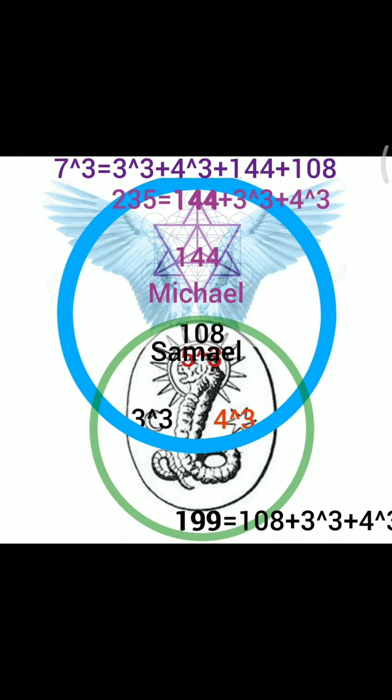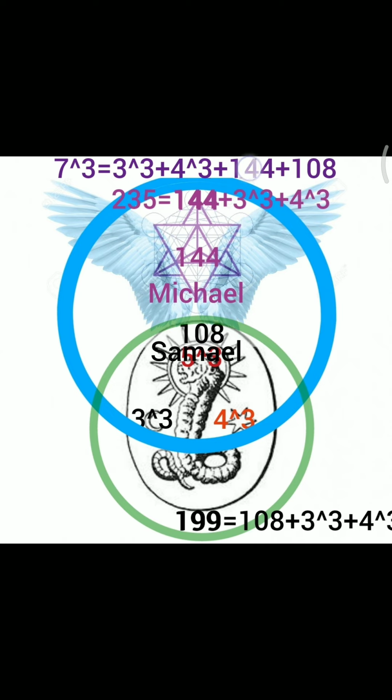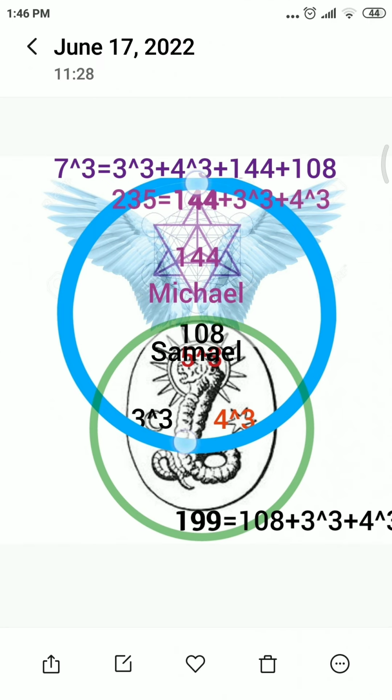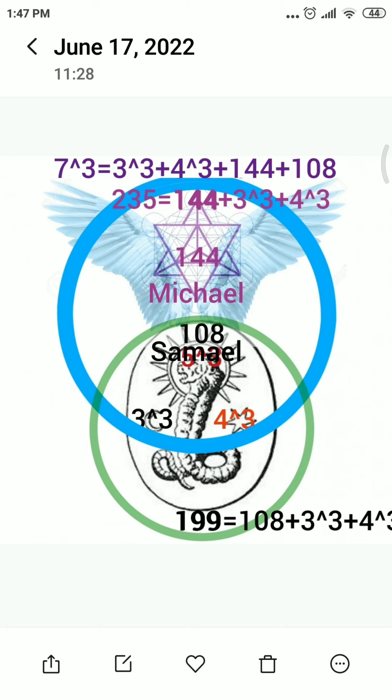That gives a total of 235 here. 235 is equal to 144, the Michael, plus moon and sun. So this circle in blue is the good circle, the circle of honor, the angel circle, the archangel circle.